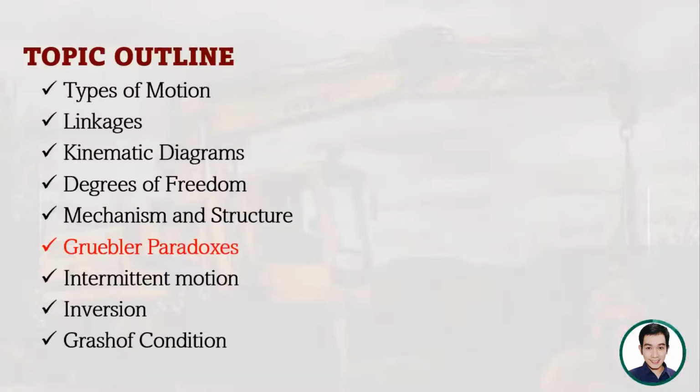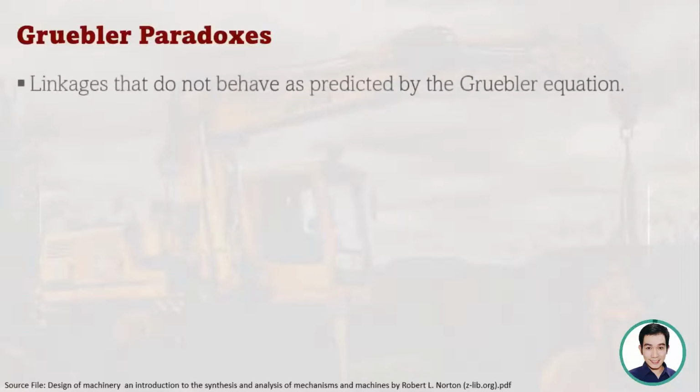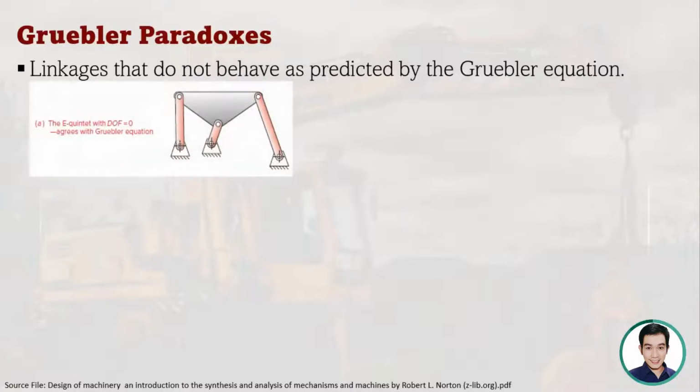Now that we understood the difference between mechanism and structure, there are actually instances when the equation that we use in these examples is not applicable. That is what we call the Gruebler Paradoxes. Here, the linkages do not behave as predicted by the Gruebler equation. Say, for example, you have here the E-quintet.